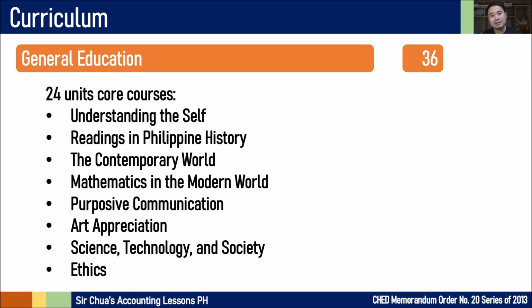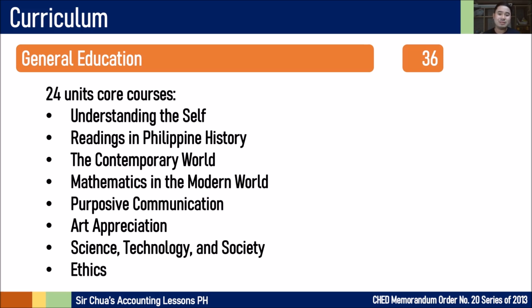Pakitanggal po sa isip natin yung notion na trip-trip lang ilagay ng mga universities itong mga to para tumaas yung number of units and eventually tataas yung tuition na babayaran nyo sa school. Tanggalin po natin yung ganong uri ng mindset. Ito pong 8 subjects na ito na magte-take up ng 24 units ng inyong curriculum, not only in BSA, but in all other programs na-offer ito.